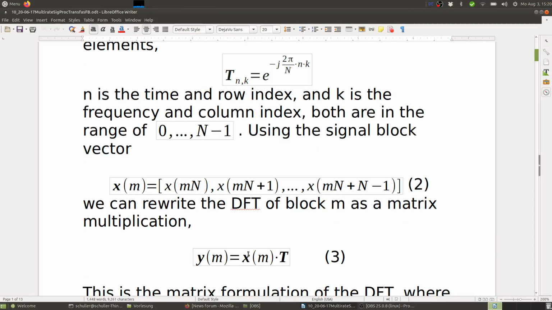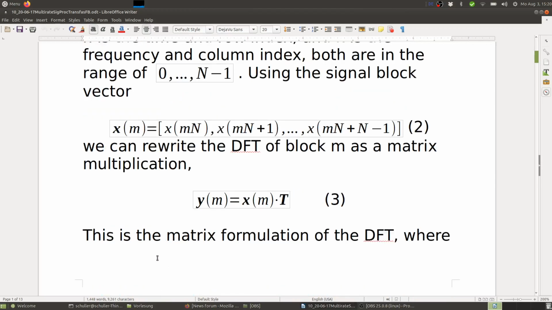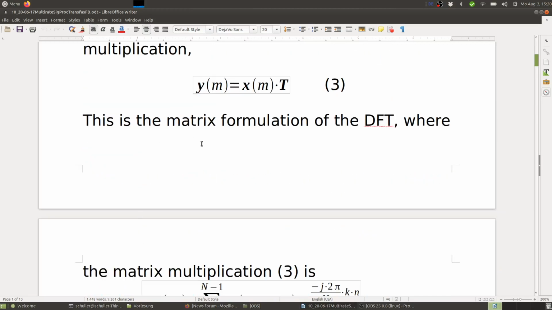Here we use the signal block vector, which consists of N consecutive samples of our signal x. Then we can rewrite the DFT of this block as simply the multiplication of x of block m times the transform matrix T. The result is a set of subband values coming from the DFT for block number m. So Y contains N DFT coefficients. This is the matrix formulation for the DFT.